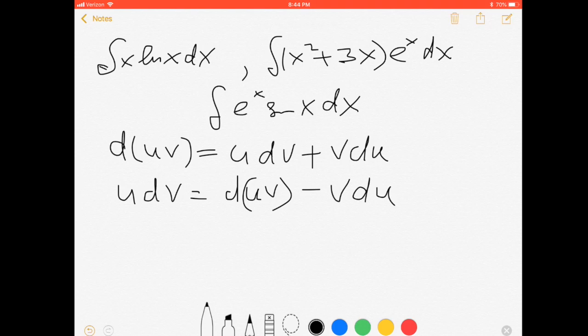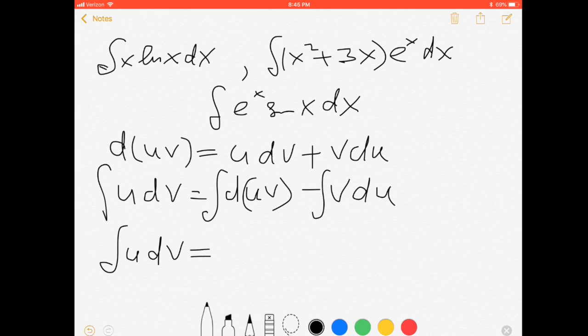It's only a linear equation, written a different way. Now I'm taking the integral of both sides, and because the integral is linear, I can do it separately. And now we have a formula which helps us integrate by parts.